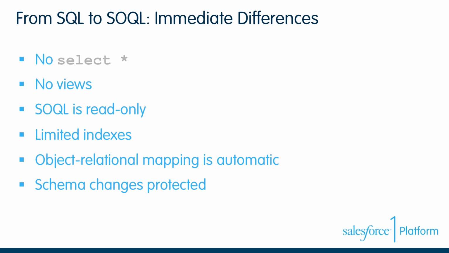Whereas because we're one tightly integrated environment, we won't let you remove something from the database in terms of a column or even a whole object if it's being referred to somewhere in your application logic. So first of all, you'd have to update the application logic or disable it so it's no longer active, and then you'd be able to make those schema changes.